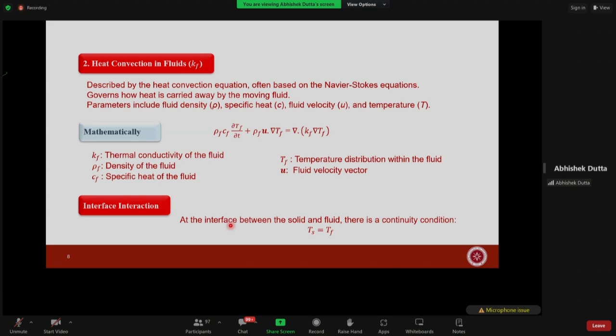This is very important: at the interface, the temperature of the solid has to be equal to the temperature of the fluid. This is a very important interface interaction condition, without which the conjugated heat transfer will not work.